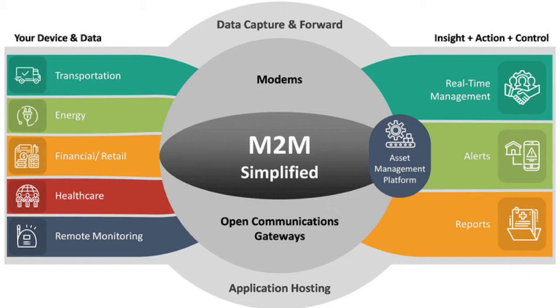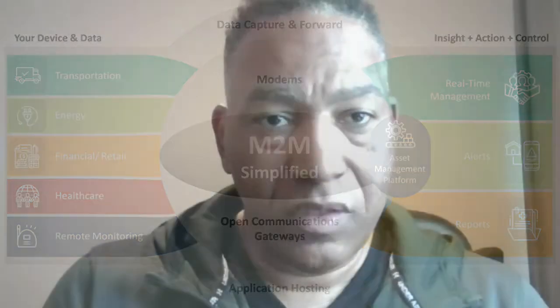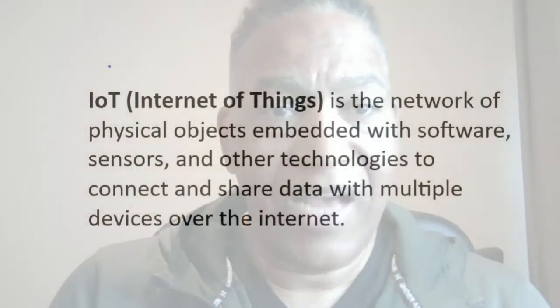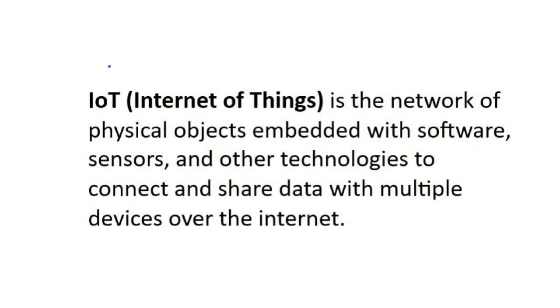In this diagram, we can see how M2M works. There's one machine sending a signal to another machine. They are wired. In this next diagram, we can see how IoT devices work.